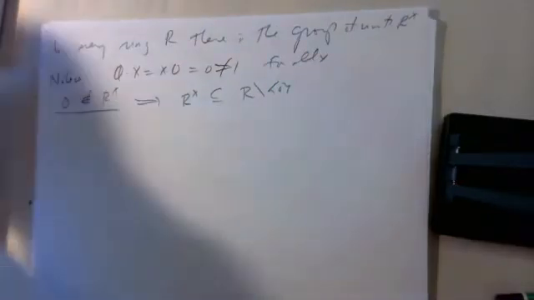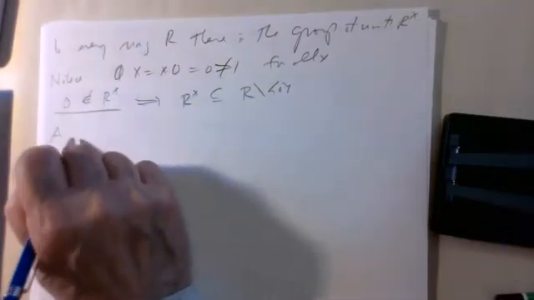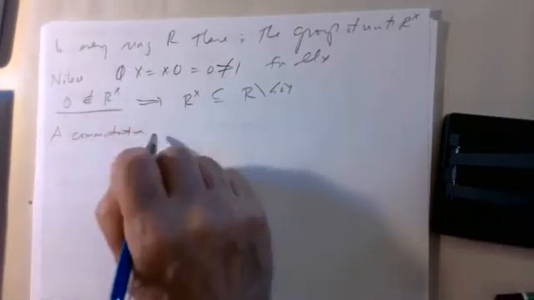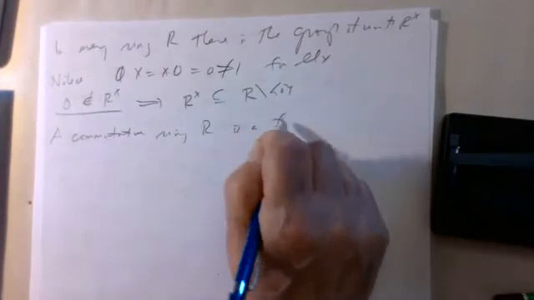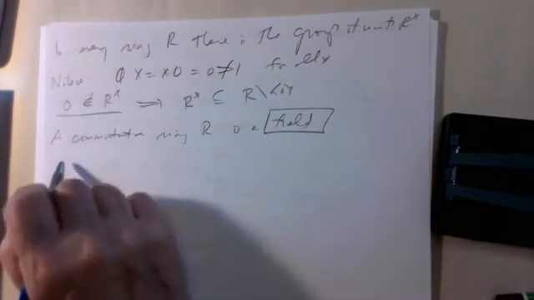And we say that a commutative ring R is a field. So this is the next definition.